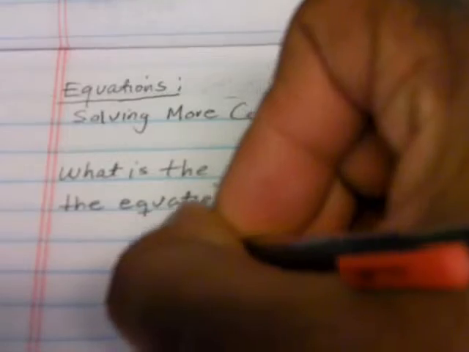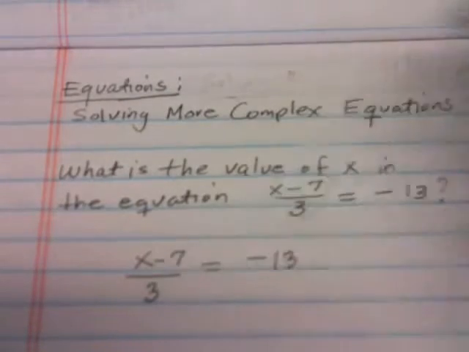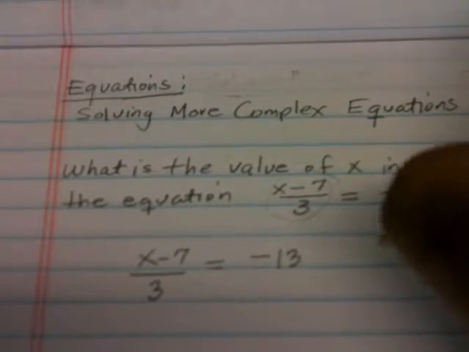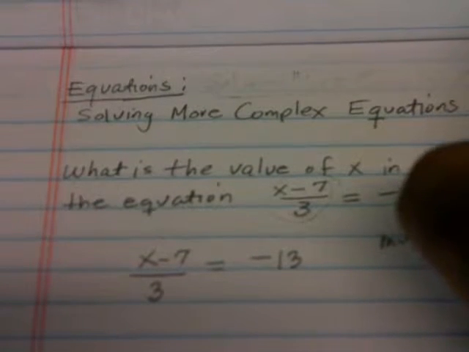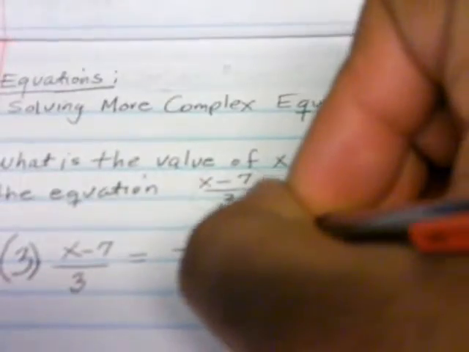I'm going to write it again. x minus 7 over 3 equals negative 13. You're going to use the multiplicative inverse to multiply a whole number 3 on both sides.